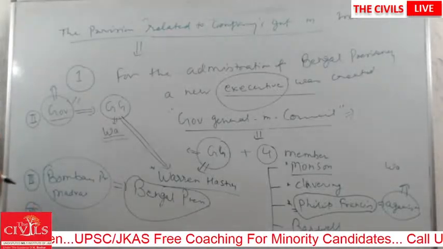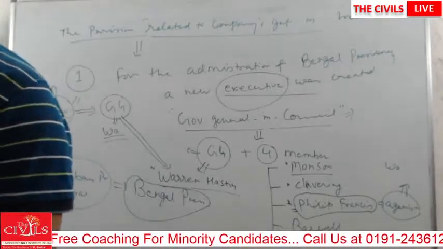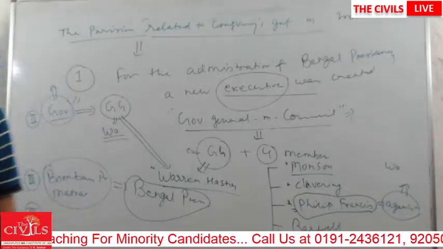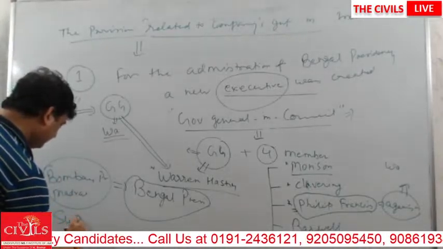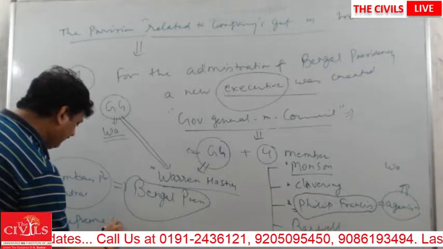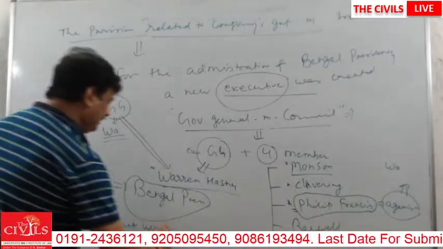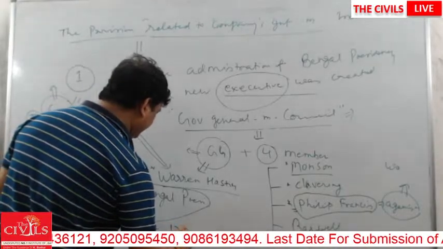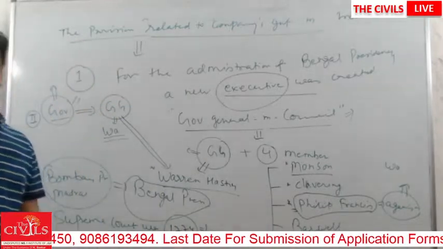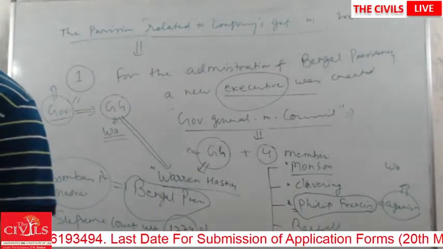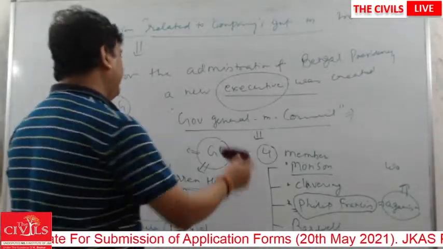A Supreme Court was established by this act in 1774, with three judges, and the names of these judges are very important.